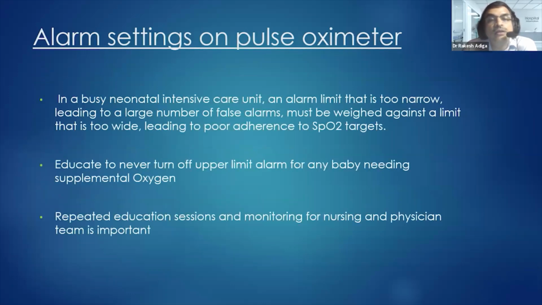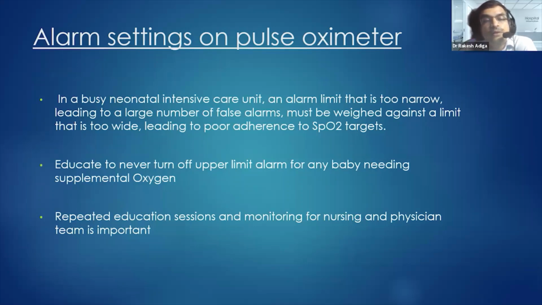Alarm setting on pulse oximeter in a busy neonatal intensive care unit: an alarm limit that is too narrow, leading to a large number of false alarms, must be weighed against a limit that is too wide, leading to poor adherence to oxygen saturation targets. If you keep a wide range, then there can be hypoxic injury.